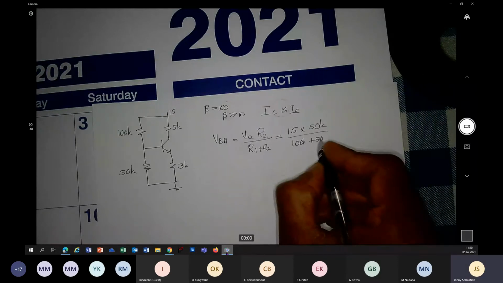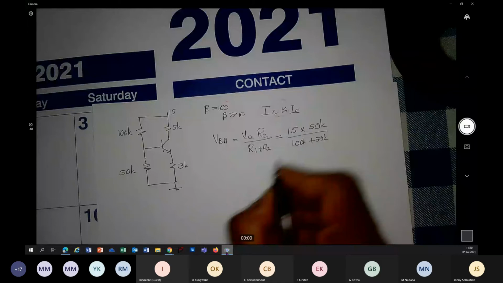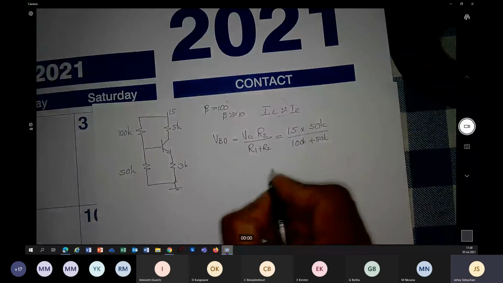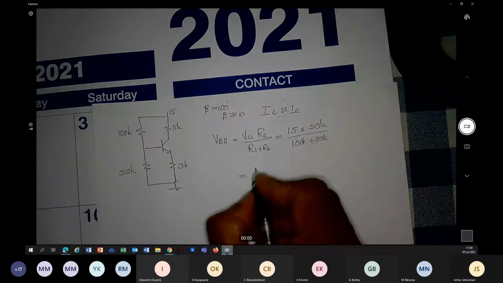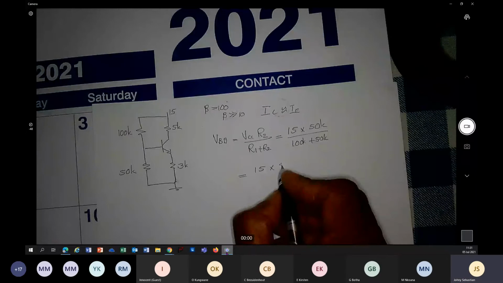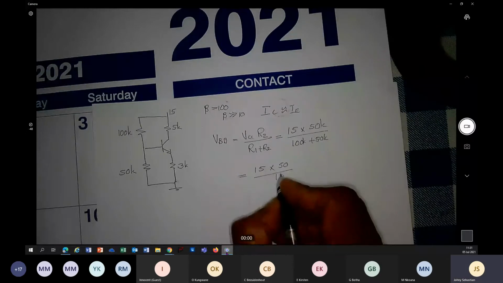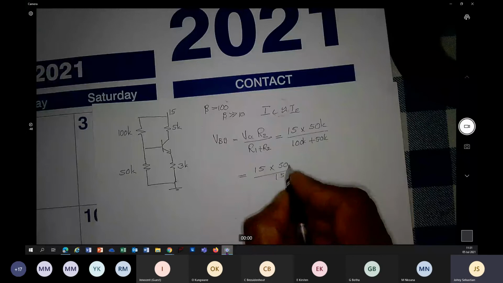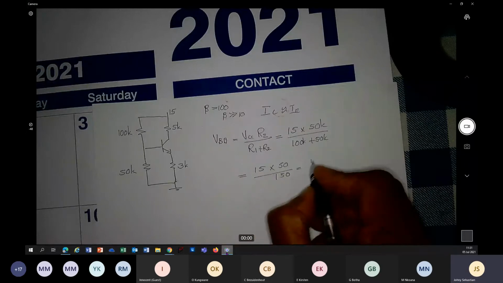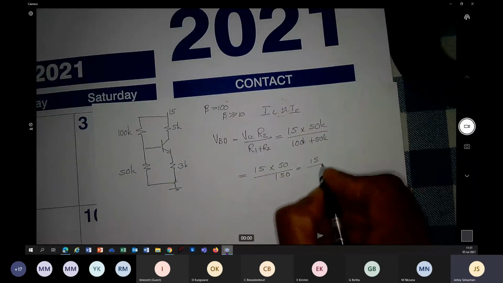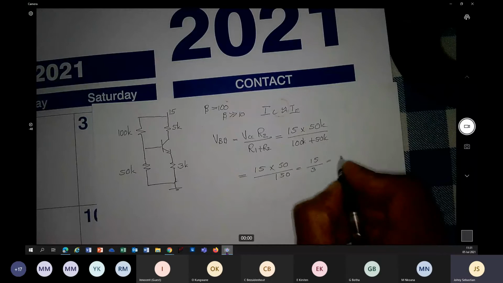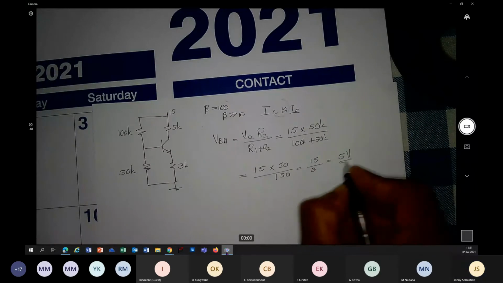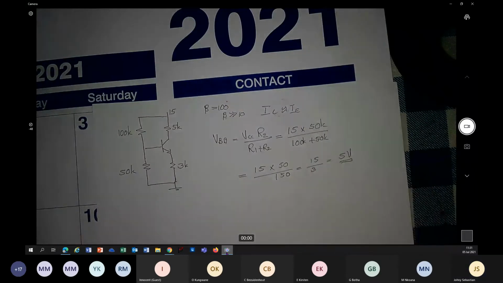This is the same as 15 times 50 divided by 150. 50 over 150 is 1 over 3. 15 over 3 is 5 volt. Do you agree? Yes, sir.